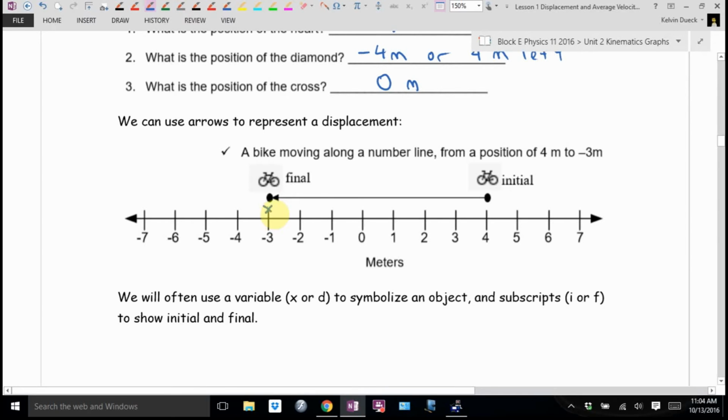I'll call this x, and I'll call this x, using the same letter. What we do is we bring in the subscripts. We use an i for initial and an f for final.